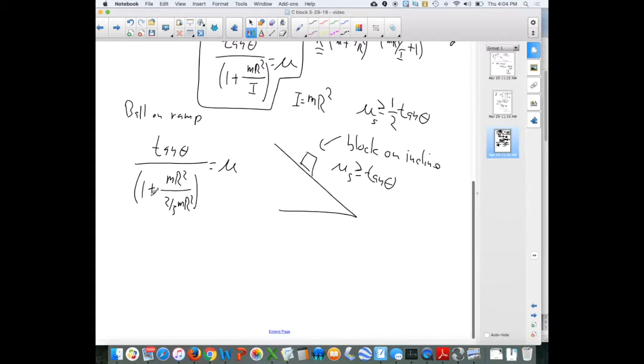So this would look like tangent theta over 1 plus 5/2, which would look like 7/10 tangent theta is equal to mu.